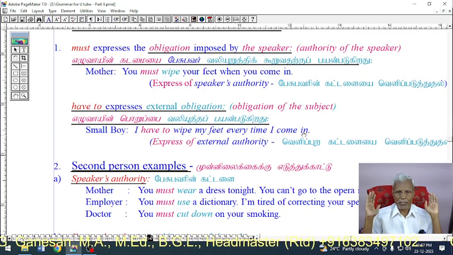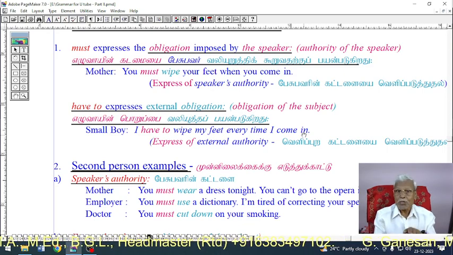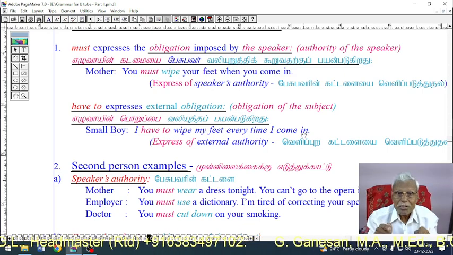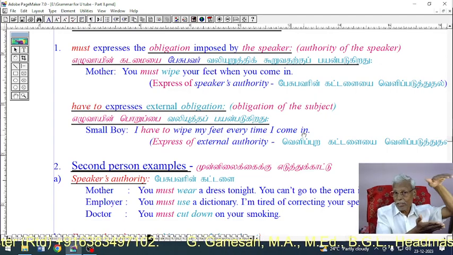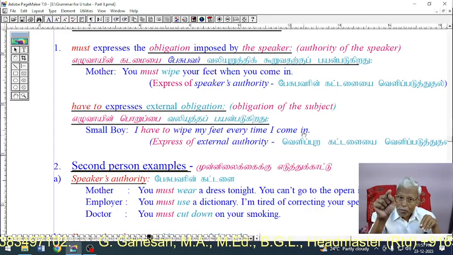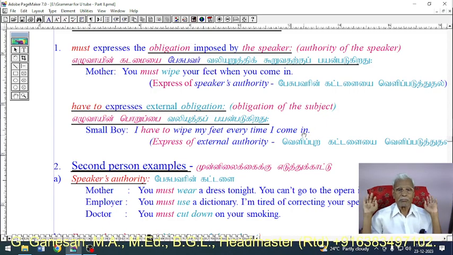But when it is the obligation of the subject, we have to use have to. The mother says, you must wipe your feet when you come in.